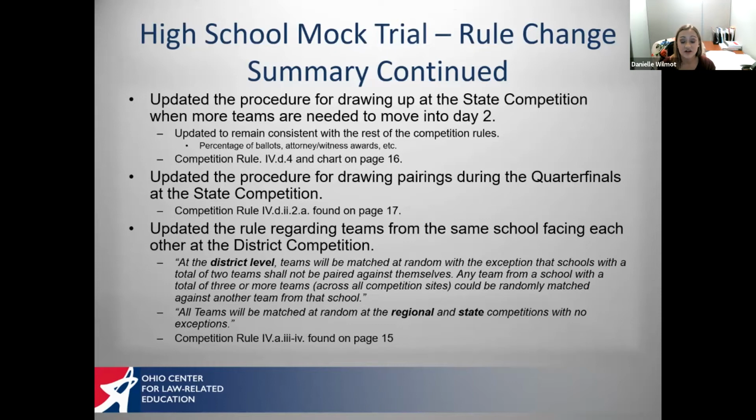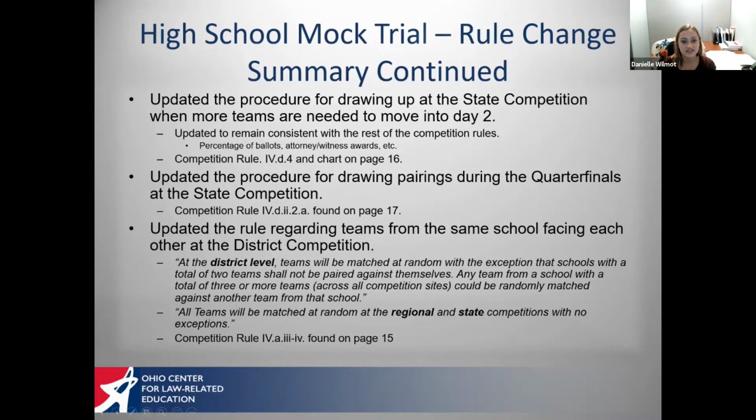We have updated it to remain consistent with the rest of the competition rules, so what we just discussed with percentage of ballots, attorney and witness awards as our first and second lines of determining who will go on. But do look at the chart and the explanation found on page 16, because that more thoroughly explains everything, and it's a lot easier to visualize in chart format than it would be for me to explain it verbally.